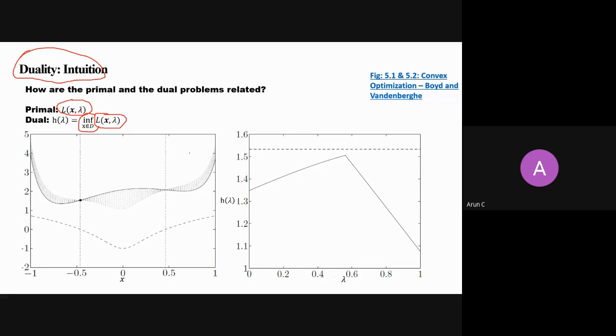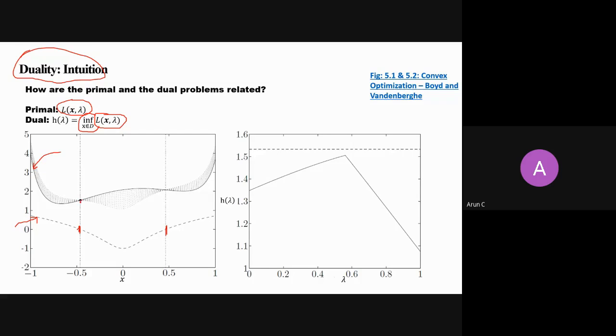Let's say my function is this dark curve. You have some constraint g(x) which says that it should always be less than or equal to 0. So g(x) is less than 0 in this range. You want to minimize your function such that g(x) is less than 0.